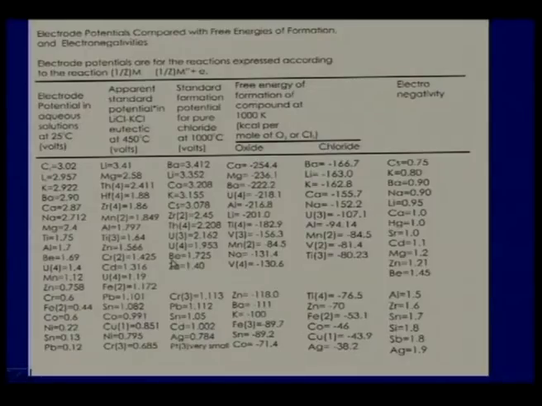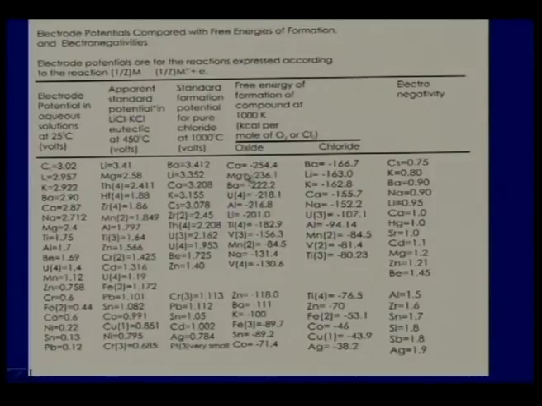Another criterion that we use to understand reactivities is free energies of formation of oxides, chlorides and other compounds. Metals which are placed high in the electrode potential series, which are very reactive, form very stable compounds, and stable compounds will be characterized by more negative values for free energies of formation of their compounds.